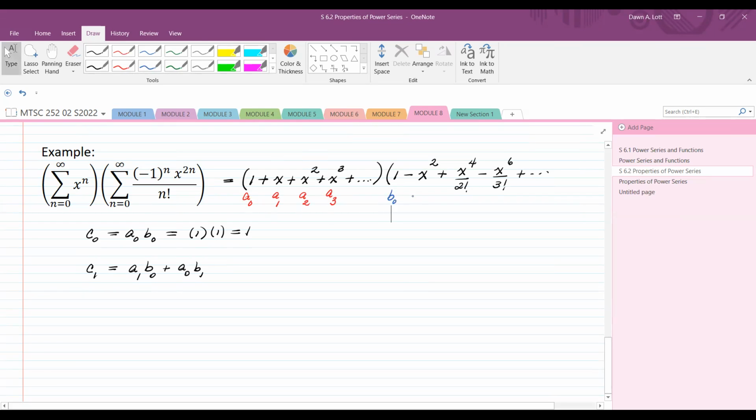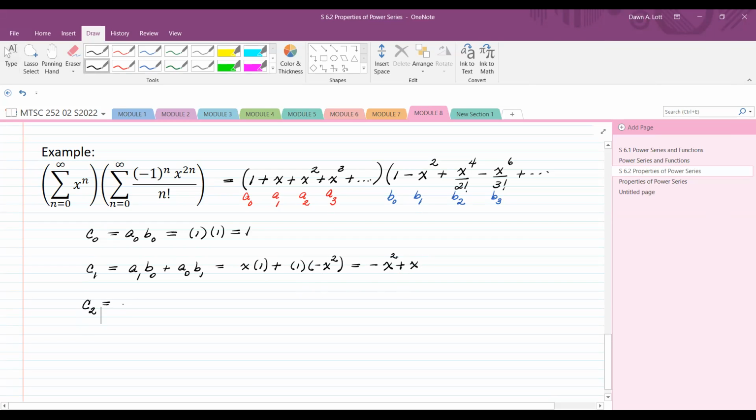This is B naught, B1, B2, B3. Okay, so we're going to get A1 times B naught. So that's x times 1. Plus we're going to get A naught, which is 1, times B1, which is negative x squared. So we get negative x squared plus x is our next term.